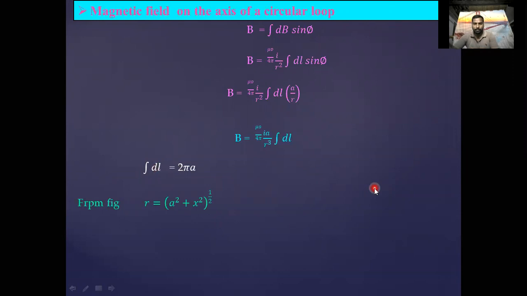From the figure, R is equal to (a square plus x square) all to the power of 1 by 2.